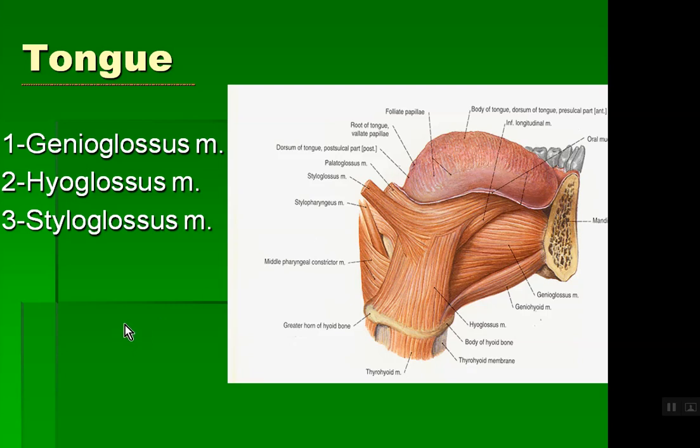But the intrinsic muscles are the muscles whose origin and insertion are both located in the tongue. The extrinsic muscles of the tongue are genioglossus, hyoglossus, and styloglossus, as you see in the picture.